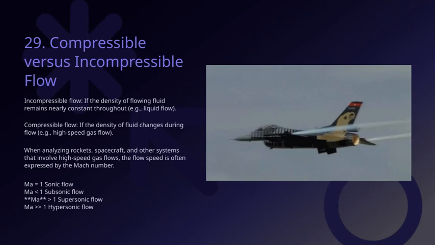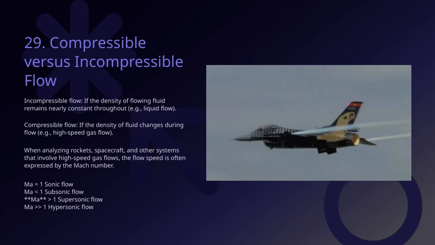Let's take a look at the different flow regimes based on the Mach number. When the Mach number, or Ma, equals 1, we're dealing with sonic flow, meaning the flow speed is exactly equal to the speed of sound. If Ma is less than 1, that's subsonic flow, so the flow is slower than sound. When Ma is greater than 1, we're in the supersonic flow regime, where the flow exceeds the speed of sound.